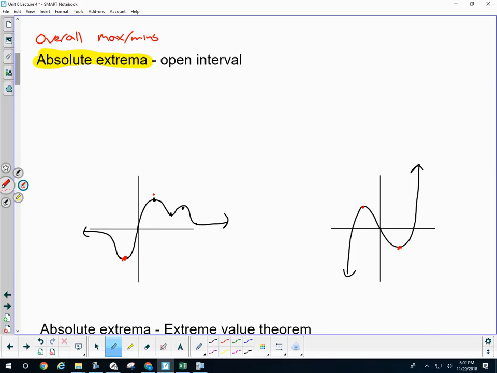When does this function have an absolute max or min? Well, in this situation, this is our lowest value. This would be considered our absolute min. And up here, this is our absolute max. They happen to be at locations of relative maxes and mins. So it is an absolute min, but it's a relative slash absolute min. This is an absolute max, but it's a relative slash absolute max.